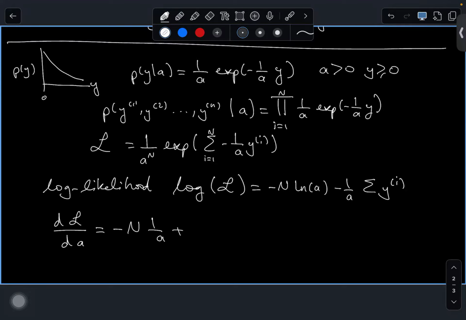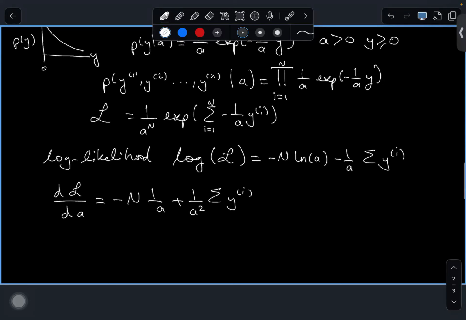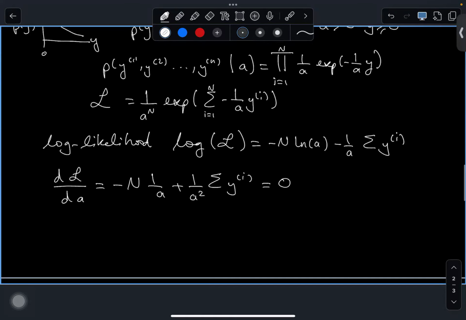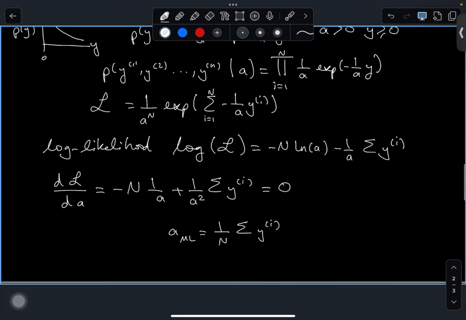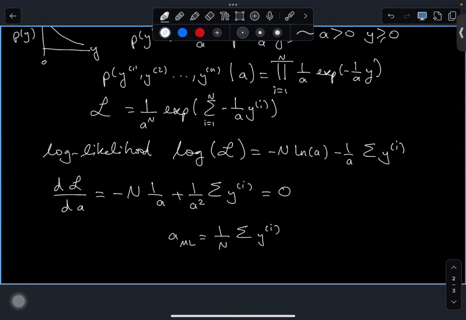That's A to the minus 2, A to the minus 1. So I get plus 1 over A squared times sum of yi. Okay, so I found this derivative. And the place where things are going to get maximized is when this is going to be 0. So I solve for that and I get that the maximum likelihood estimate is 1 over n times the sum of the data. This is the parameter that is the maximum likelihood estimate of the distribution that we were looking for.